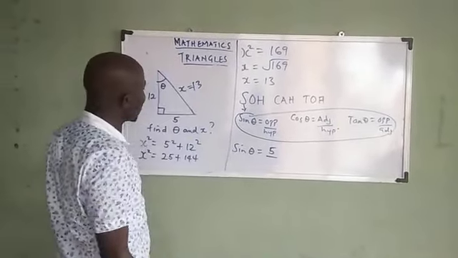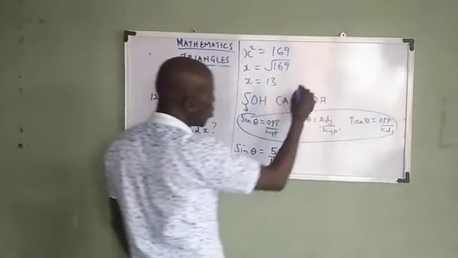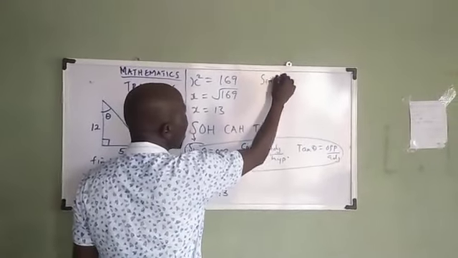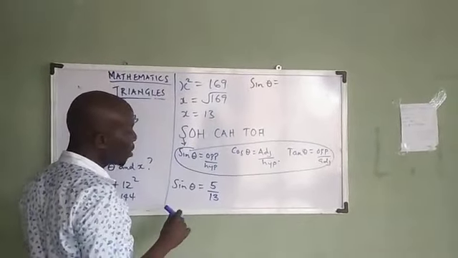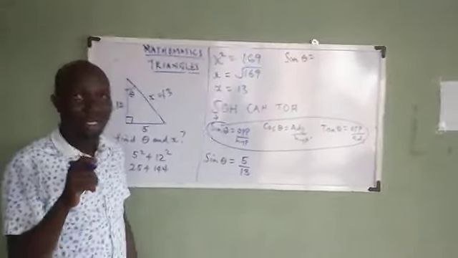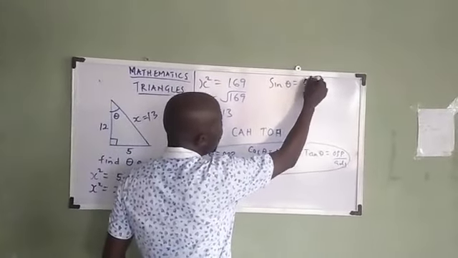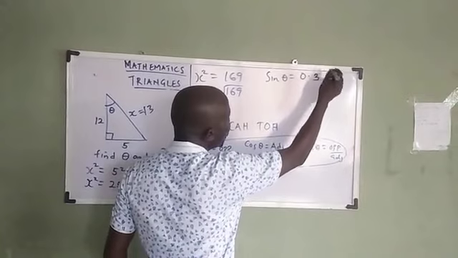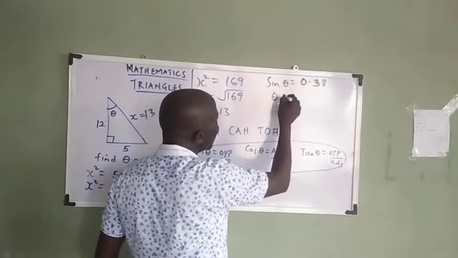What is the hypotenuse? 13. Is that good now? So our sine theta equals 5 over 13, right? What is 5 over 13? Pause. So 5 over 13 is equivalent to 0.38.